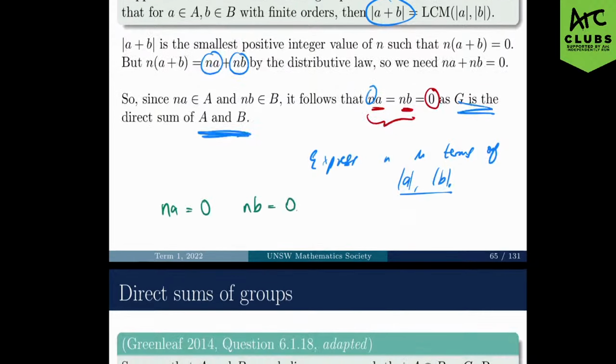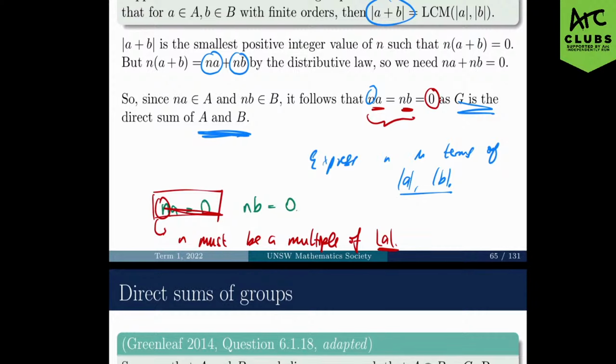That means that n must be a multiple of the order of A, right? Because, well, this single sentence means that n must be a multiple of the order of A. Sorry, that's my COVID voice getting in the way.